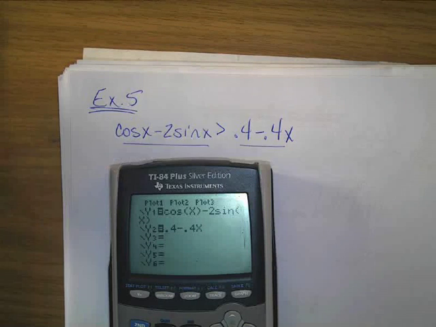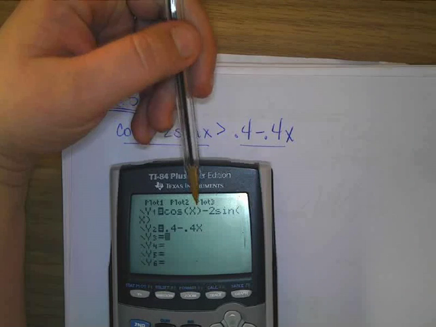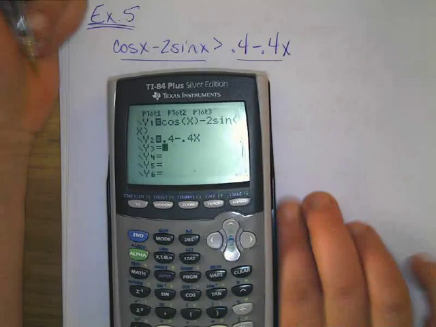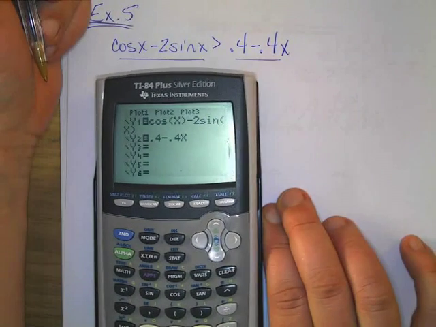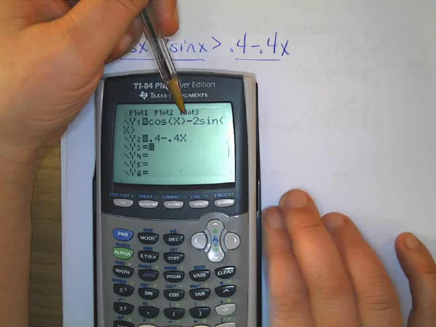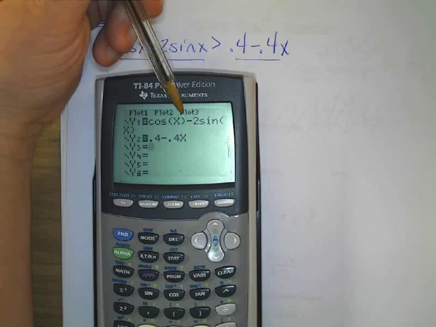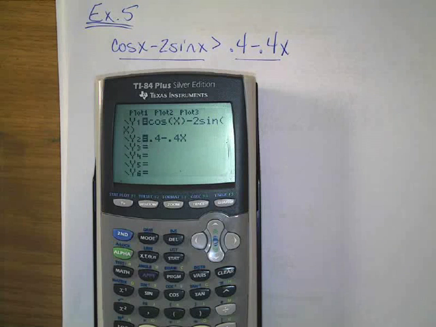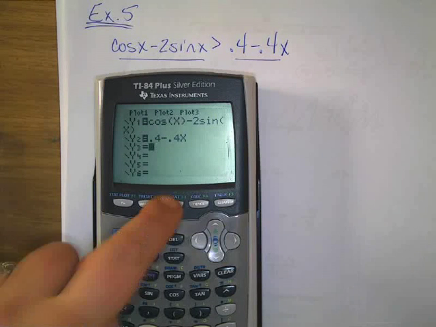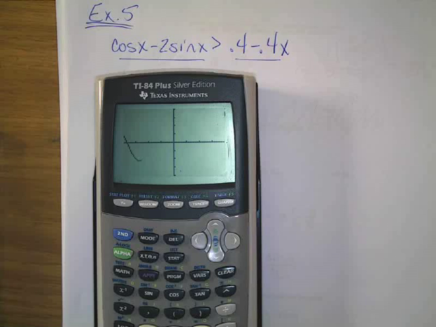Make sure you close parentheses around the x in the trig function. Otherwise, it doesn't understand that you're talking about a new function. So you have to put parentheses there. And I'm going to zoom 7.